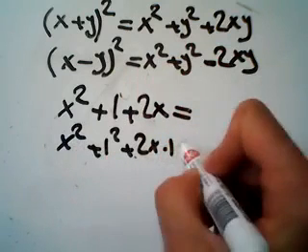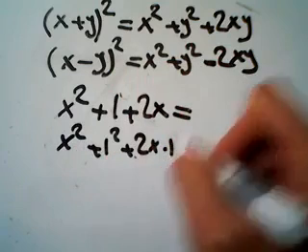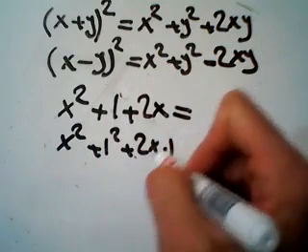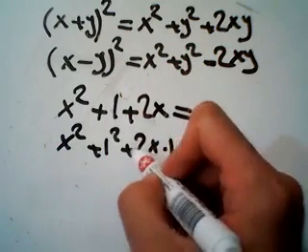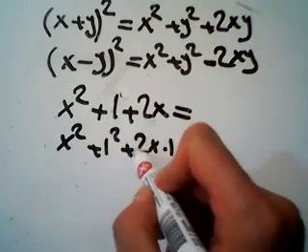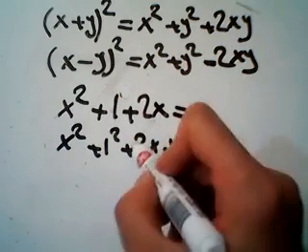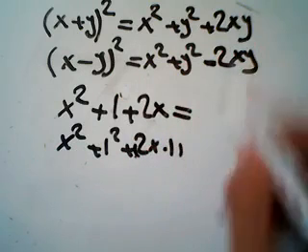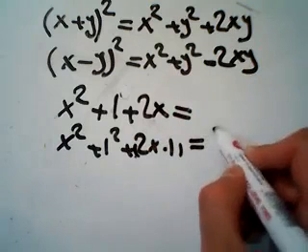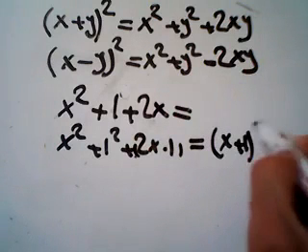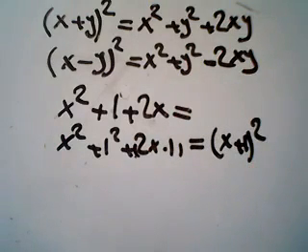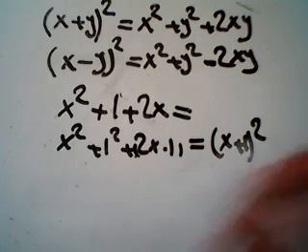Multiplying by 1 changes nothing. So it is in the form of that, which we could write as x plus 1 squared.